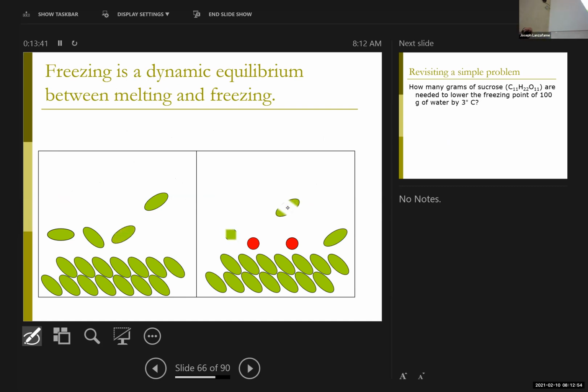When I'm freezing, my molecules all start sticking together. How exactly they stick together depends on their shape and the intermolecular forces. For something like water, you're going to maximize the hydrogen bonding, and they're all going to stick together where the oxygens are near the hydrogens. But to form that lattice where the molecules are all sticking together, now maximizing their intermolecular forces, if I've got another molecule present, it gets in the way of that formation, and therefore I have to get colder before I can get the lattice to form.